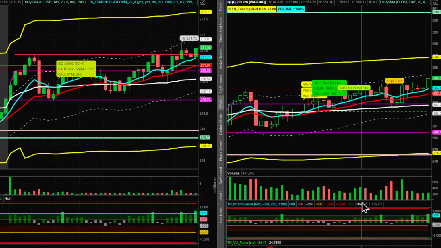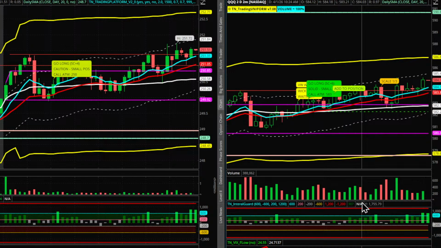Whoa, look at that. Look at both QQQ and IWM. This system knows. Look at that. Damn.